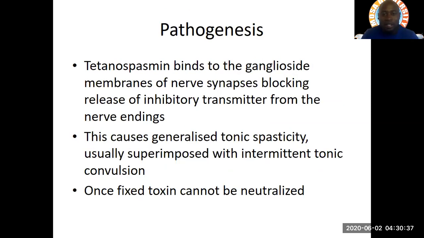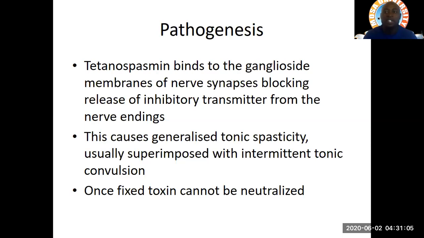So we understand that there has been a poorly oxygenated tissue, and the tetanus takes advantage of that part and starts growing there. As it grows, it produces tetanospasmin. As this tetanospasmin is produced, it starts being transmitted, and they produce what we call spasms.